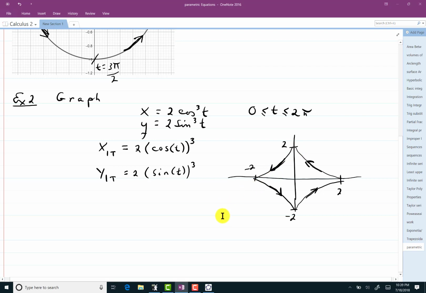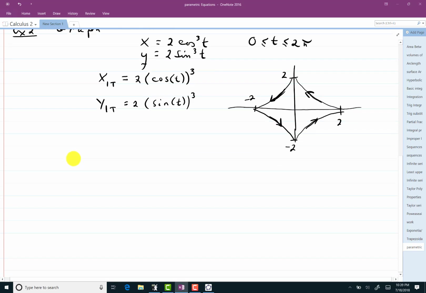Let's try another one. And here you can do, let's try the same thing as before.